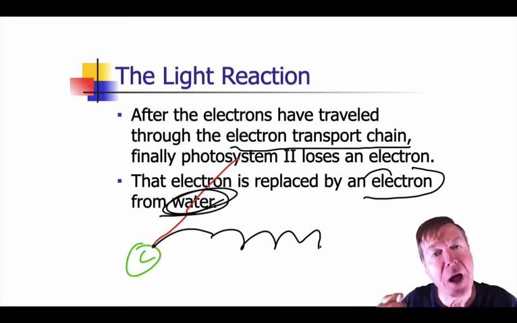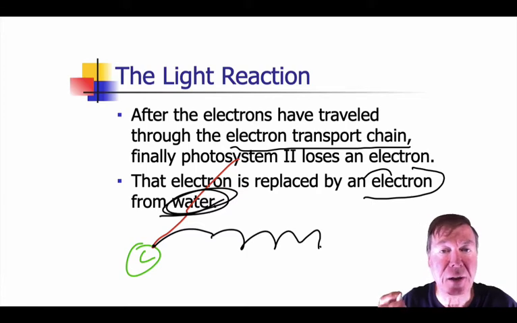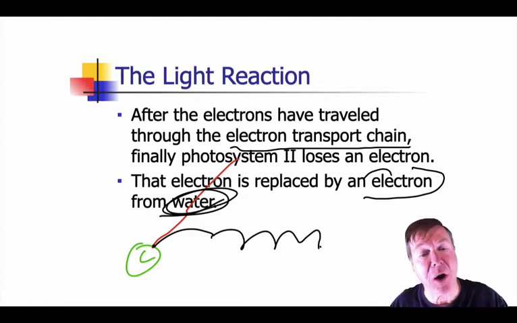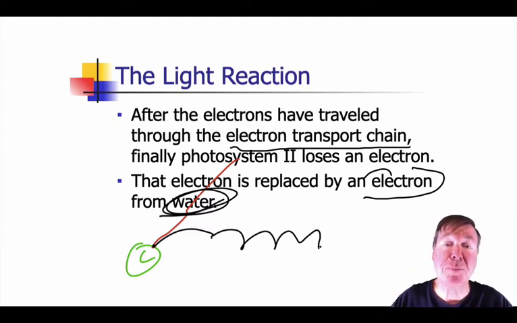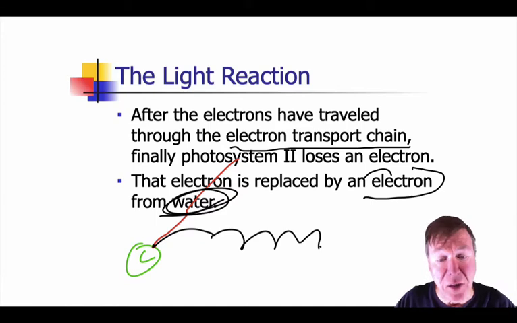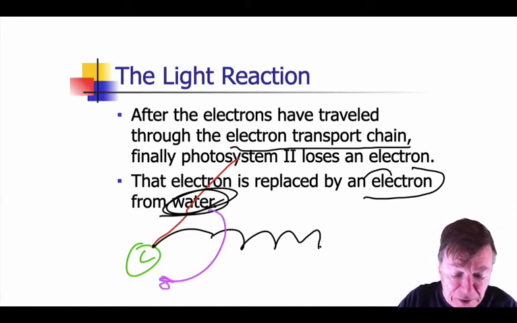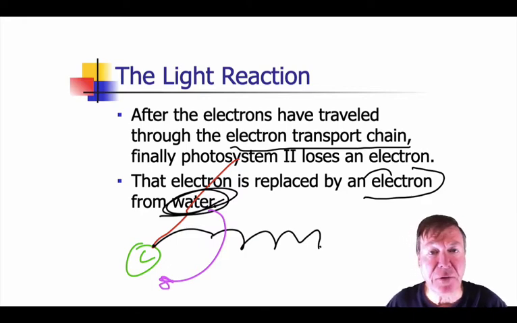Kind of like the opposite of respiration in the electron transport chain, where the oxygen and the hydrogen atoms were connected to make water. Here, we're splitting water to get the electron to put back into the photosystem, so the molecule's whole again.